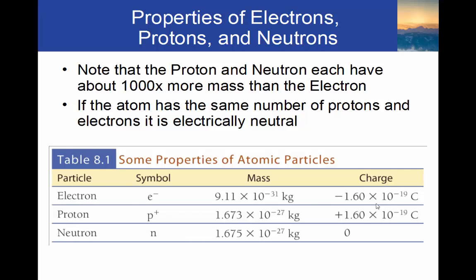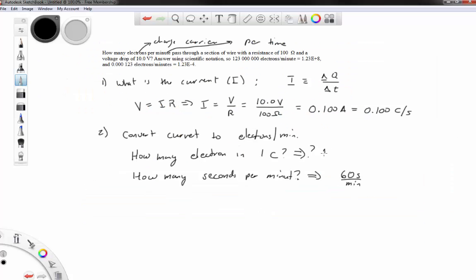So 1 electron has a charge of 1.6 times 10 to the minus 19 coulombs. That's from table 8.1. So we'll just write that in here: 1.60 times 10 to the minus 19 coulombs per 1 electron.